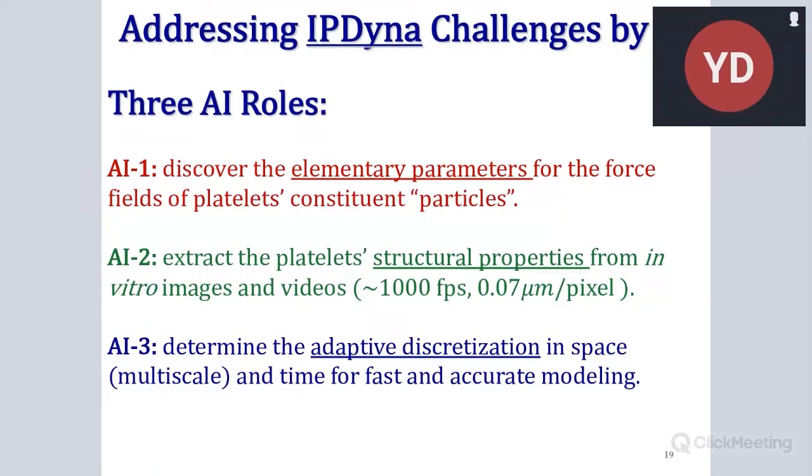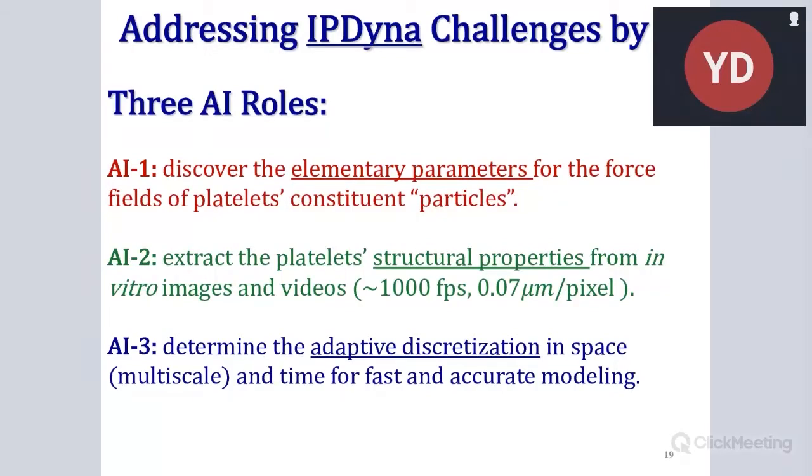We have a video to see the flowing of a platelet in the microchannels. We have videos at approximately 1,000 frames per second, so it's a millisecond time resolution, and sub-micron size in terms of pixels.